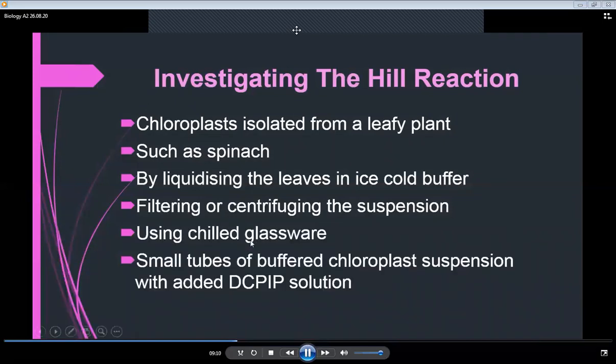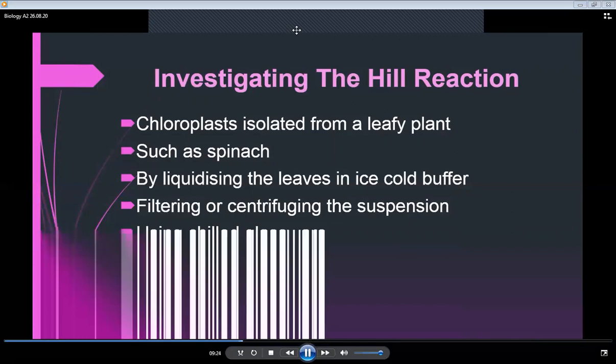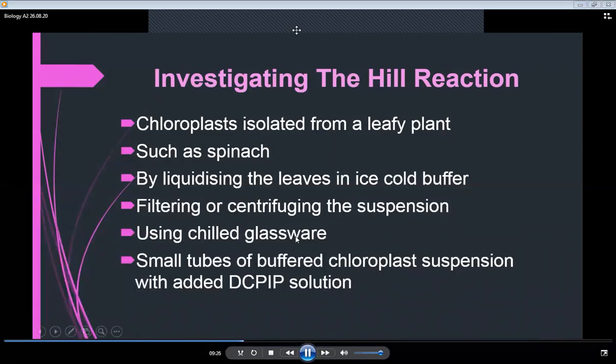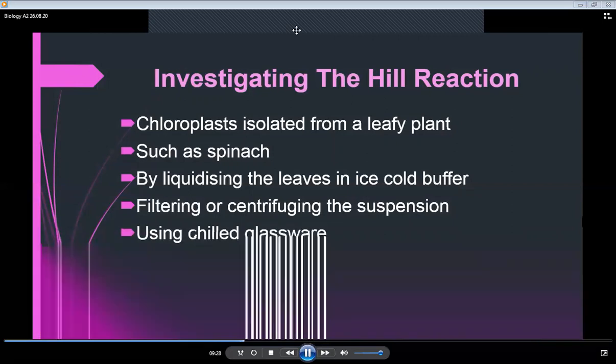Then we are writing here again using chilled glassware. Whatever we are going to utilize for performing this investigation, whether small tubes or a capillary tube, it has to be chilled glassware. So why chilled glassware, and why perform this investigation as quickly as possible? That is just to preserve the enzyme activity.